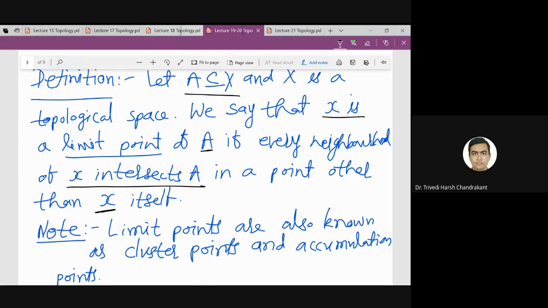The only difference between x belonging to A closure and x being a limit point is that here the neighborhood intersects with set A in a point other than x itself.